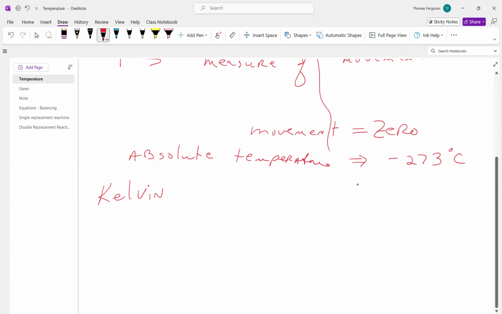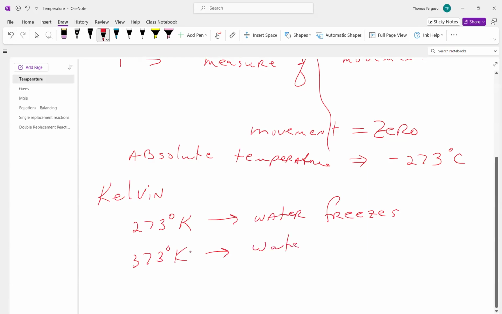That's Kelvin. So at 273 Kelvin is when water freezes.